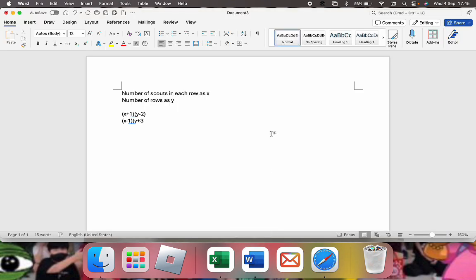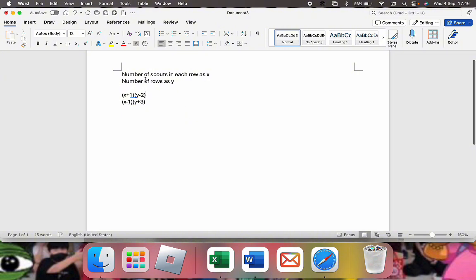Alright. So now that we've put it like this, there was another way I was originally going to show you, but I can't really explain it. Now this is the reason why I put it in a really weird multiplication shape like this. So basically, if we just use our brains here and common knowledge and basic logic, we would know that if there is a row and we have a column, basically kind of like a rectangle or a square, length times width as row times column, then we would get the area, or in this case, the total amount of scouts.